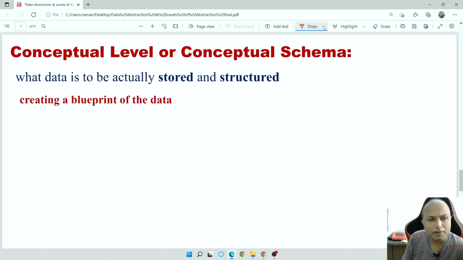Let us consider the conceptual level or logical level. The schema at this level is called the conceptual schema.